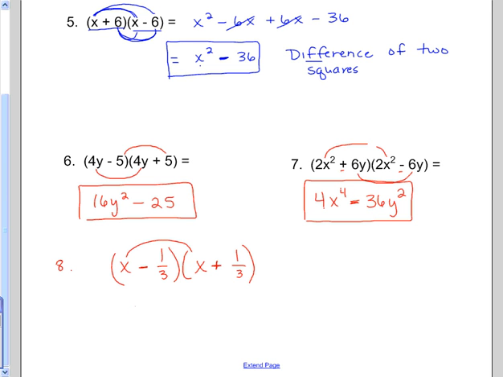X times x is x squared. Last, negative 1/3 times positive 1/3 will be a negative. And remember, when you're multiplying fractions, negative 1/3 times a positive 1/3 would be a negative 1/9. You multiply straight across. So my answer would be x squared minus 1/9.